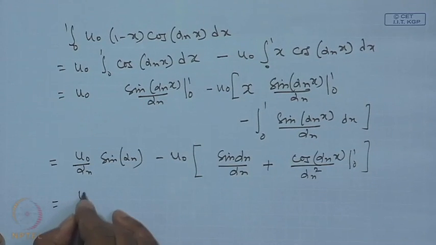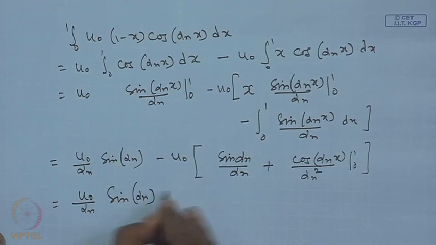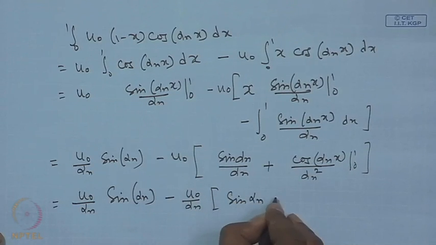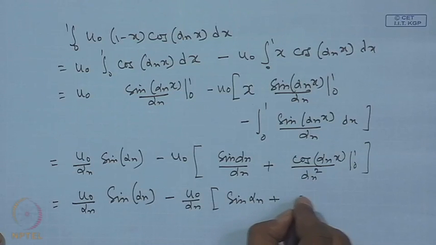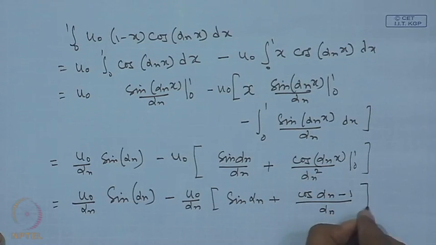So, you will have u_0 by alpha_n sin alpha_n minus u_0 by alpha_n, sin alpha_n plus (cosine alpha_n minus 1), since cos 0 is 1, with 1 by alpha_n taken out.